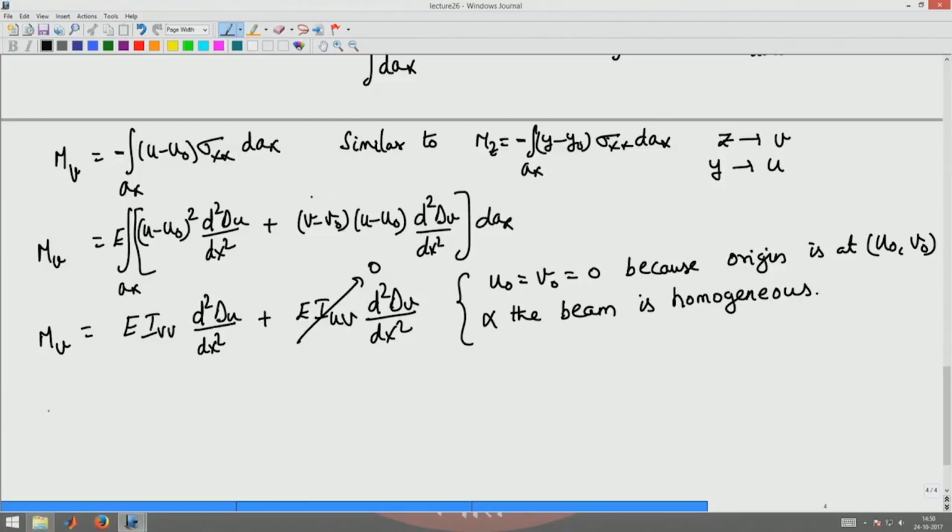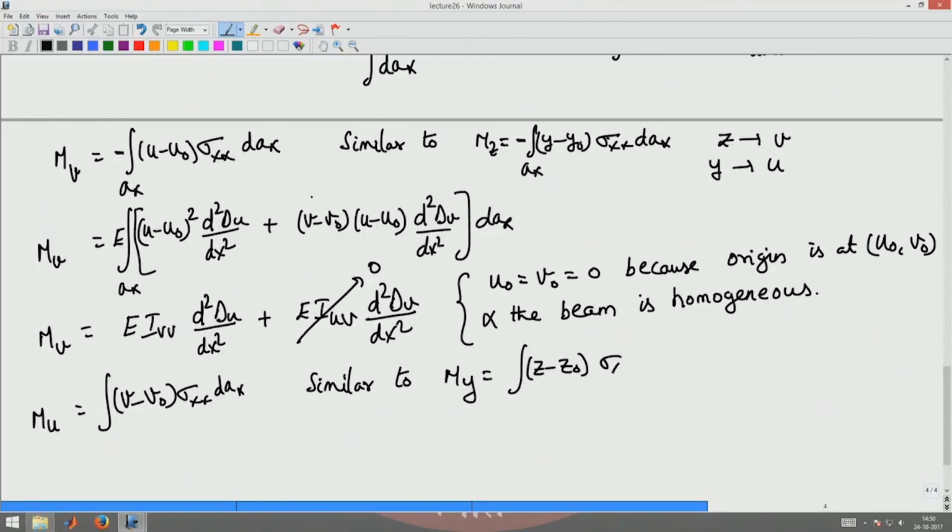The second equation similarly will be the moment for Mu direction, which will be integral v minus v naught sigma xx dAx. So, this is similar to my moment, which is integral z minus z naught into sigma xx dAx.